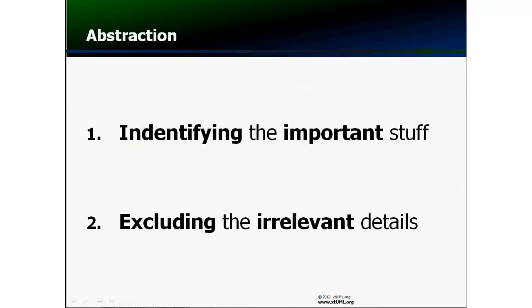Let us discuss abstraction for a moment. Modeling is a way of capturing our reasoning for a particular subject matter, our design, and highlighting the good parts and leaving out the parts that don't matter. So modeling is actually a form of abstraction where we identify the important stuff and exclude irrelevant details.